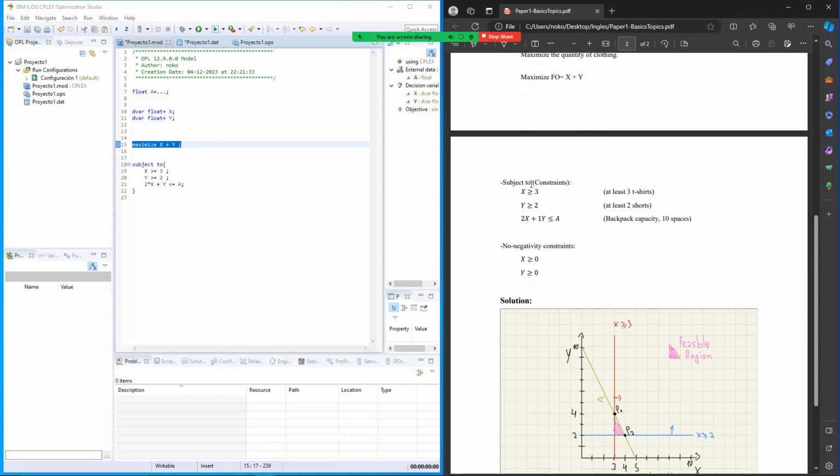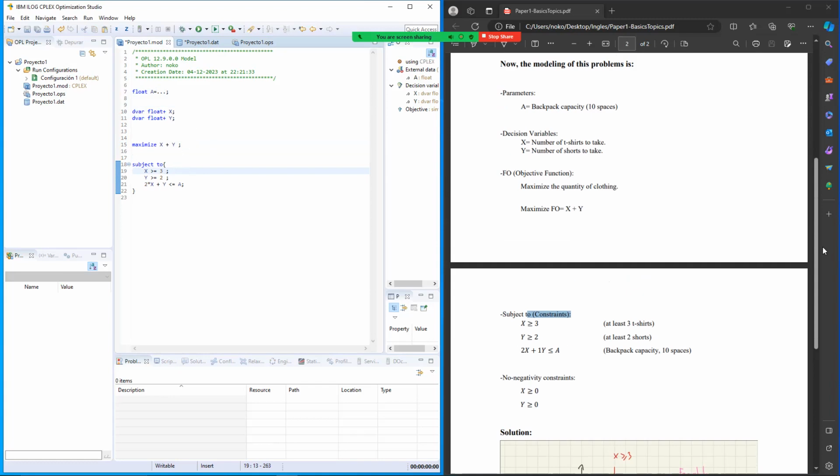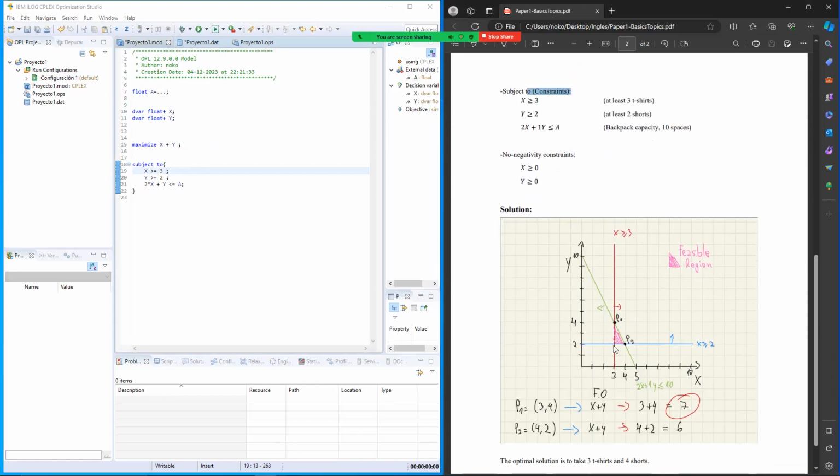For example, if you don't have any constraint, the maximize will be infinity.